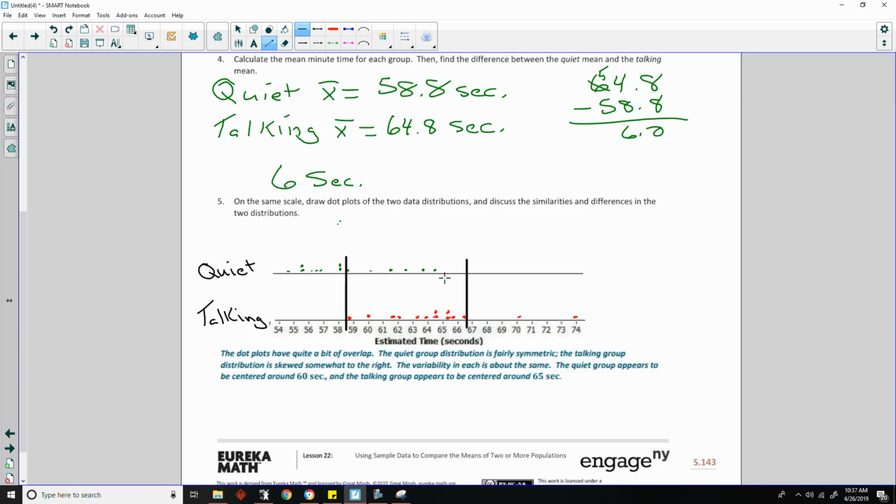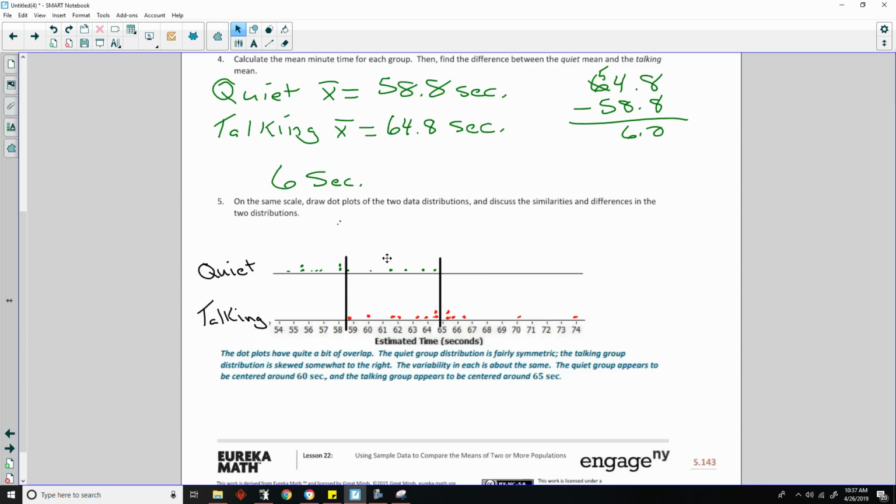Those are all the values that they overlap. Actually, I could move this one to here. That would be the overlap. What they had in common: both had dots in those ranges.